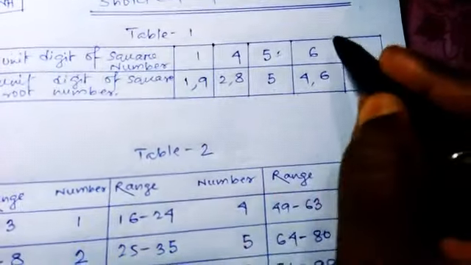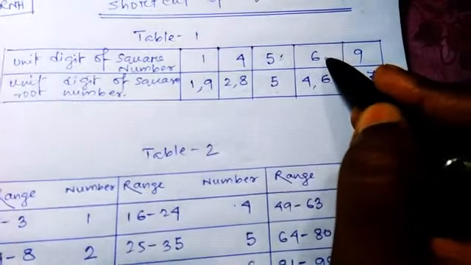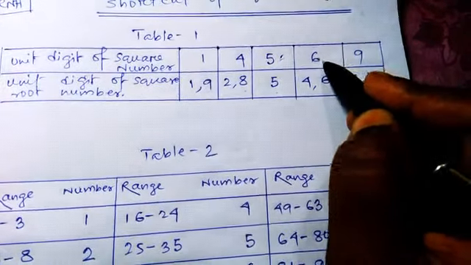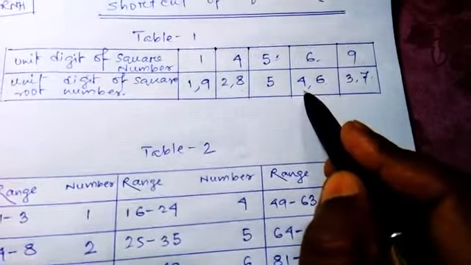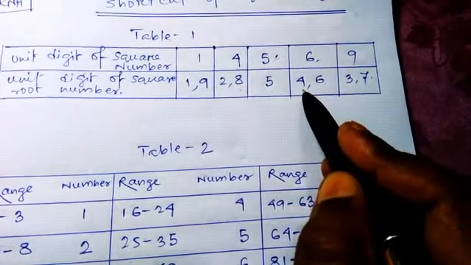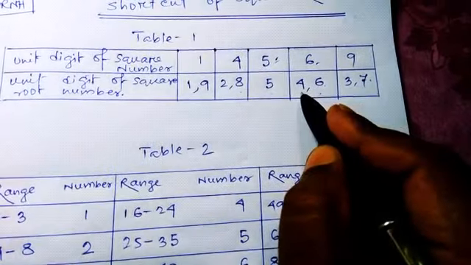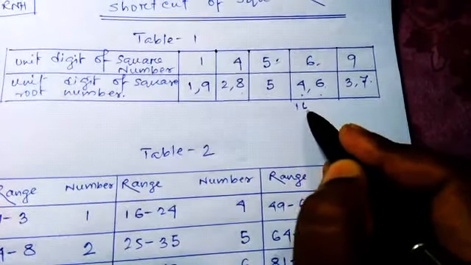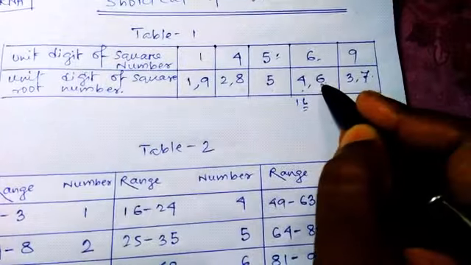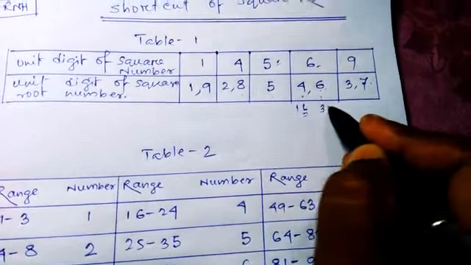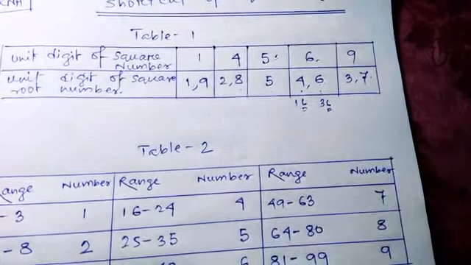And if the unit of square number is 6, then the unit digit of square root will be 4 or 6, because 4 into 4 makes 16, unit is 6, and 6 into 6 is 36, unit is also 6.